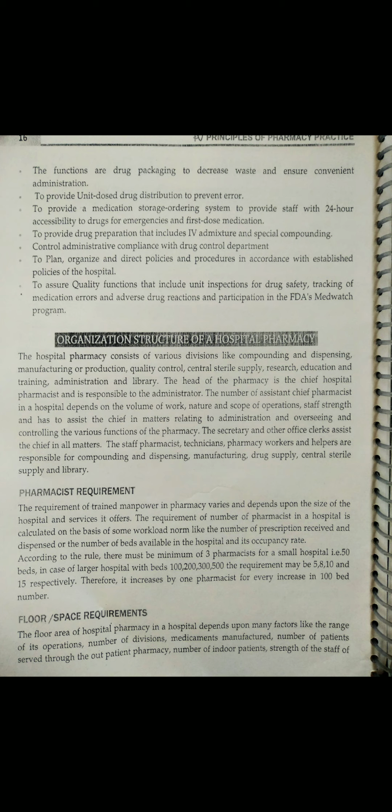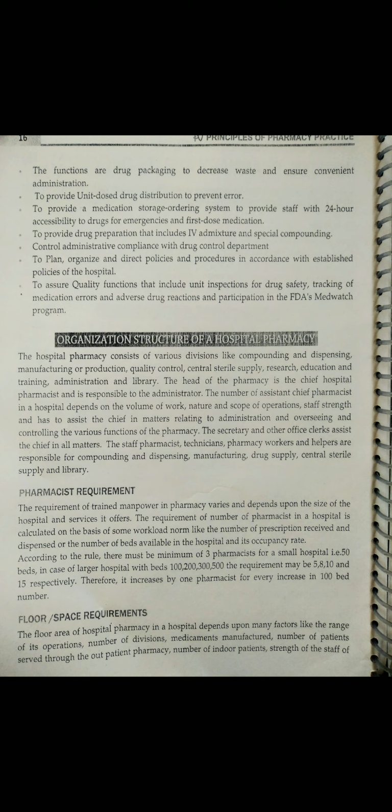Here, the floor area of the hospital pharmacy depends upon the operation and the number of divisions. Operation means you are manufacturing or compounding tablets or powders at your hospital pharmacy level, or you are just dispensing the products.